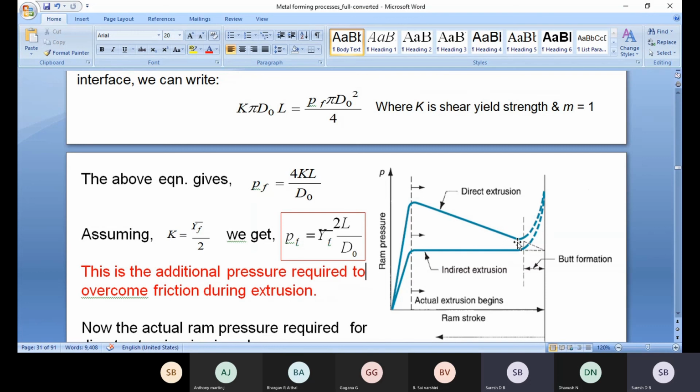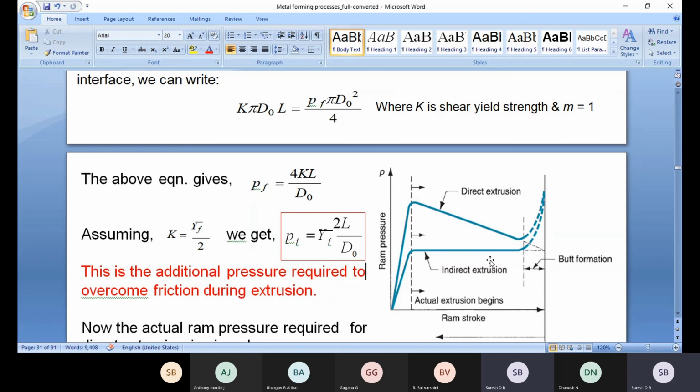At that time, only a small load or force is required to extrude the component or compress the material. But in indirect extrusion process, a constant force or load is required to push the material throughout the stroke. Throughout the stroke means from the beginning of the extrusion to the end of the extrusion.